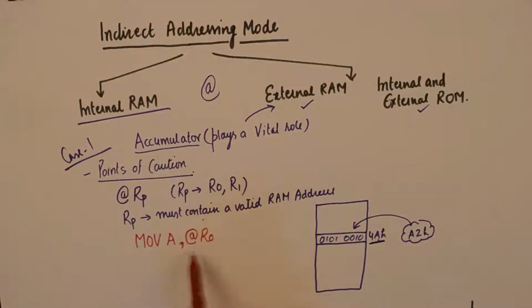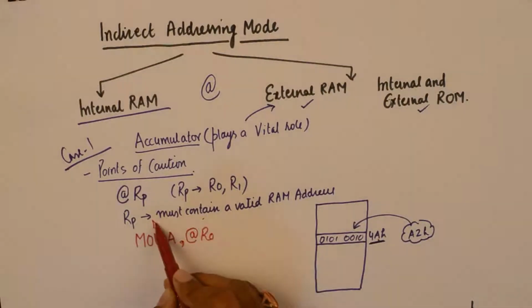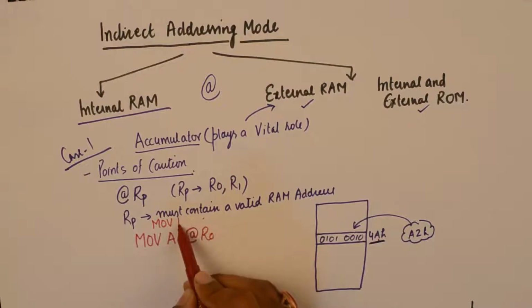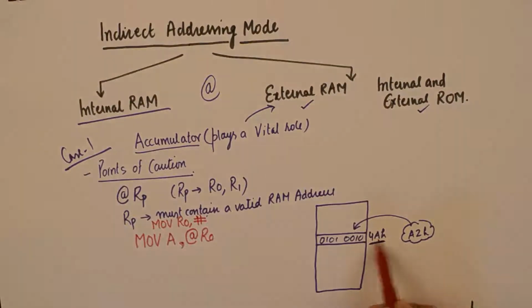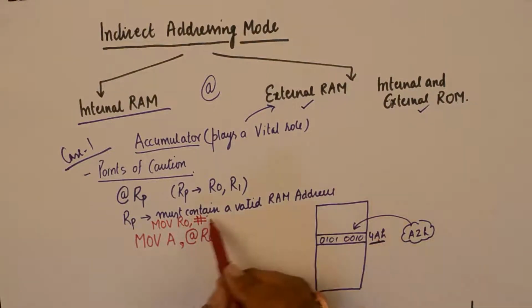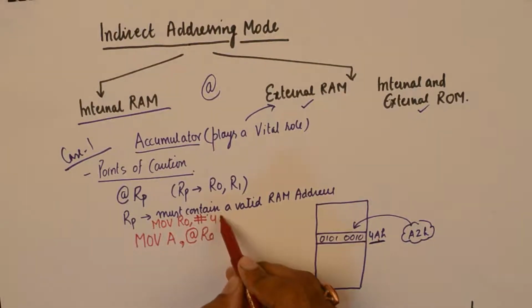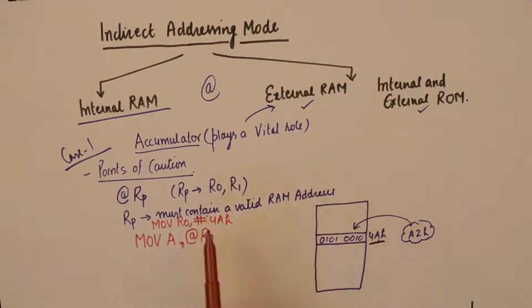So before we can use indirect addressing, I must put into R0 the address number, which is 4AH.